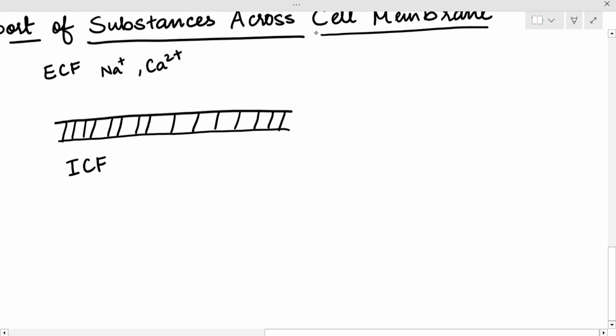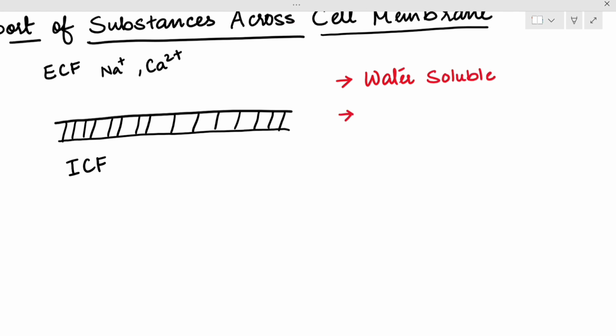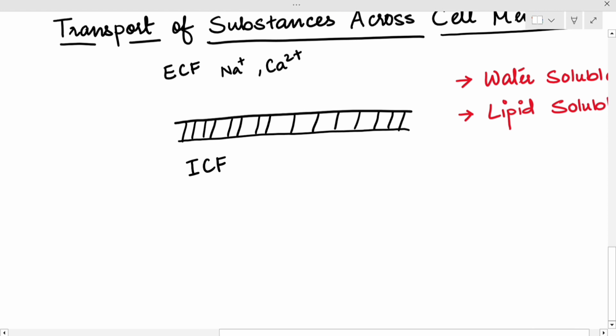One is water soluble and the other one is lipid soluble. And we all know the cell membrane is a lipid bilayer.